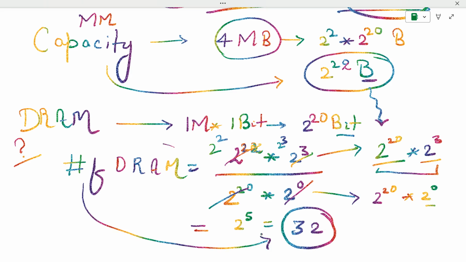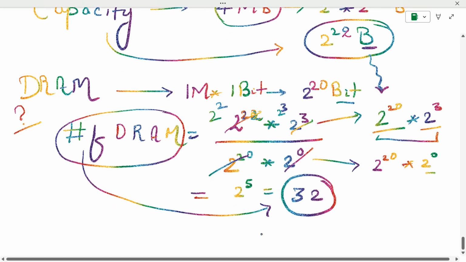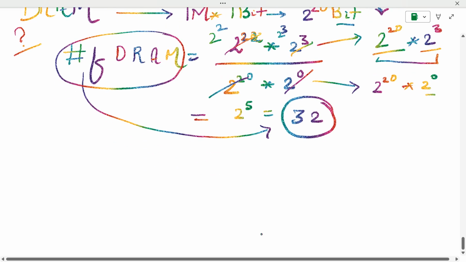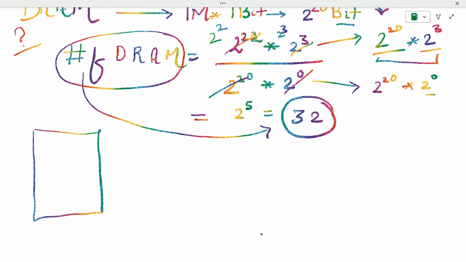Okay, this is clear. Now, let's see how the memory is going to be organized with the help of these DRAM chips. So, we have this DRAM chip consisting of 2 raised to the power 20 rows, and each row holding 1 bit of data.